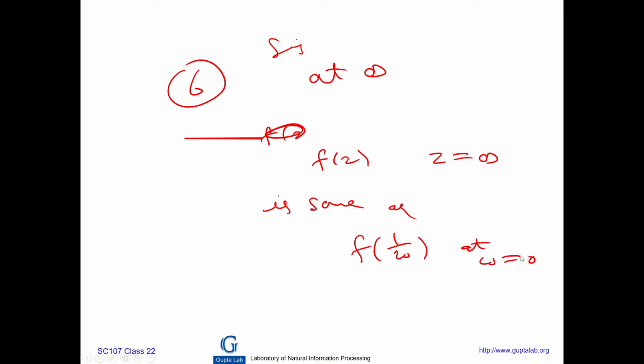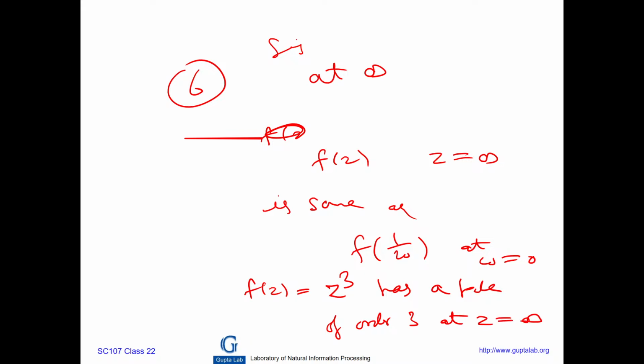I mean, they are kind of at infinity. If you want to look at it, you can look at the origin by just inverting it. Okay, so we can say that f of z is equal to z cube has a pole of order 3 at z is equal to infinity, because that will reverse to w is equal to 0, right? I mean, the reverse हो जाएगा, right?